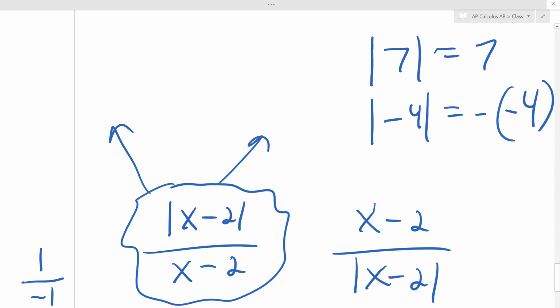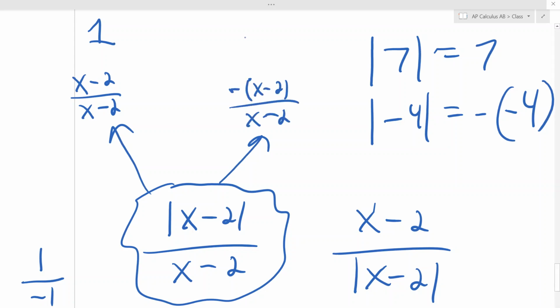The absolute value could leave it alone and do nothing, and then that function equals just x minus 2 over x minus 2, which is 1. Or it could change the sign of what's in the absolute value. Then it would equal the opposite of x minus 2 over x minus 2, and that's just -1. So that's the only two things that thing can equal.